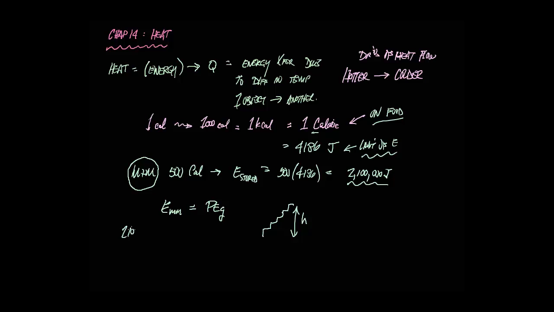I would set that 2,100,000 joules equal to mass times gravity times height. And if I use someone around 60 kilograms, if you do the math, I think it comes out to about 3,600 meters. And there's about 3 meters per floor, so that's going to be about 1,200 floors.